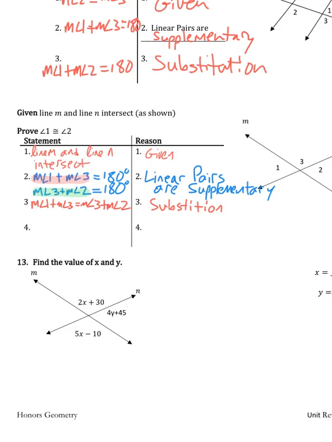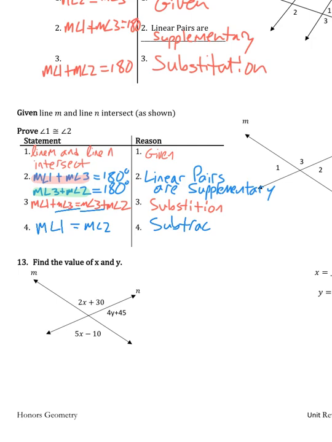They're very closely related, so if you put transitive, that would be okay, but substitution is a more generally accepted one. Now we got a nice equation, and notice that we have 3 on both sides. We can subtract that, and if we subtract that, we get measure of angle 1 equals measure of angle 2. And that was after subtraction.